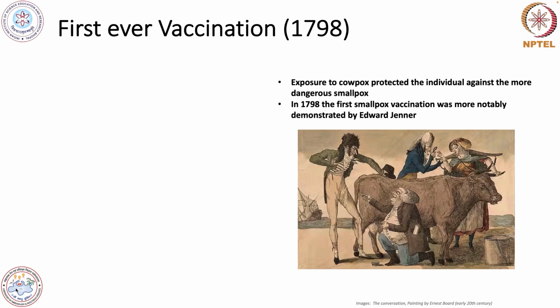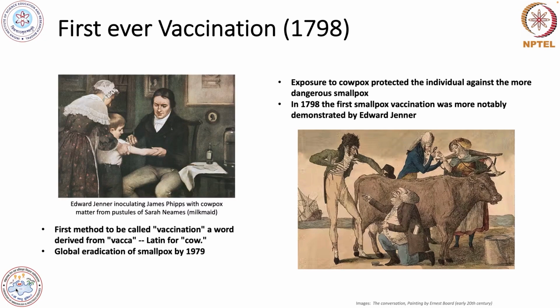Edward Jenner observed that the person who was providing milk to his family had some pustules, and that person was protected from the smallpox. So this observation resulted in the discovery of what we now call the vaccinia virus or cowpox virus.